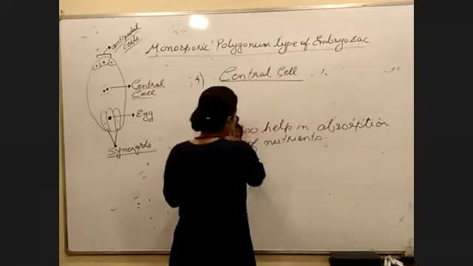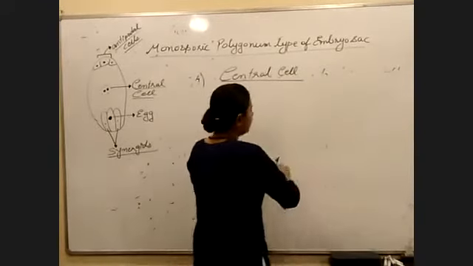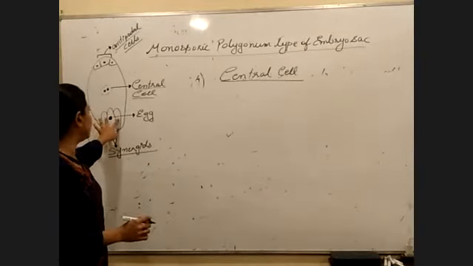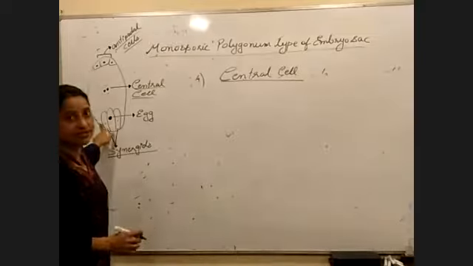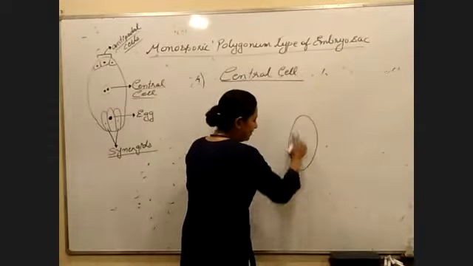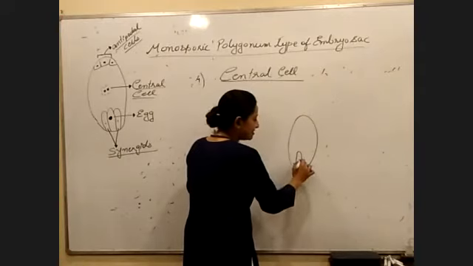Okay, I'll repeat once more. When we are talking about this structure, we have an egg and two synergids. This one is a synergid and this one is a synergid. This is the embryo sac, this is the egg.